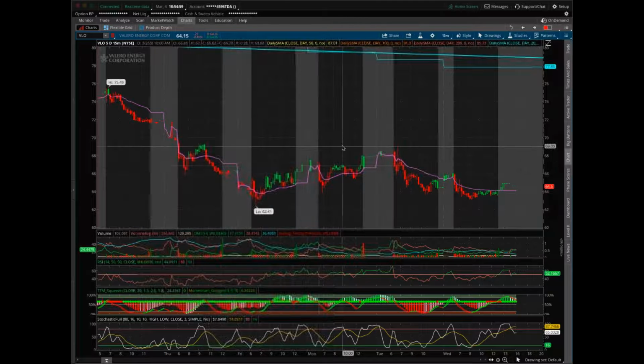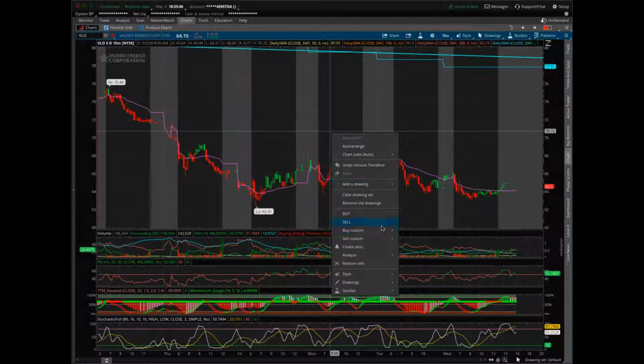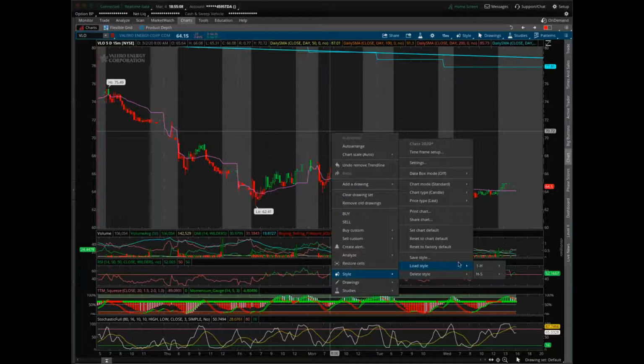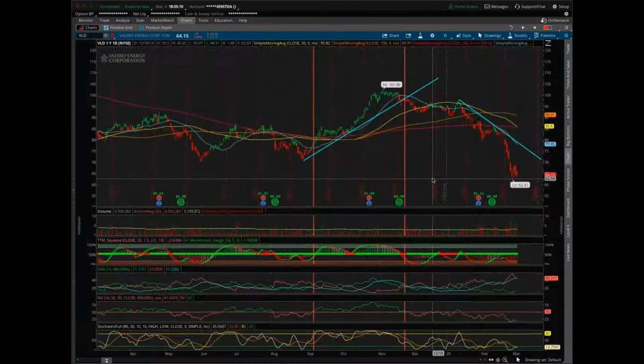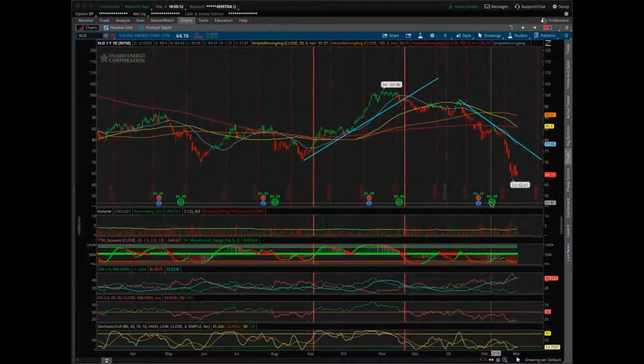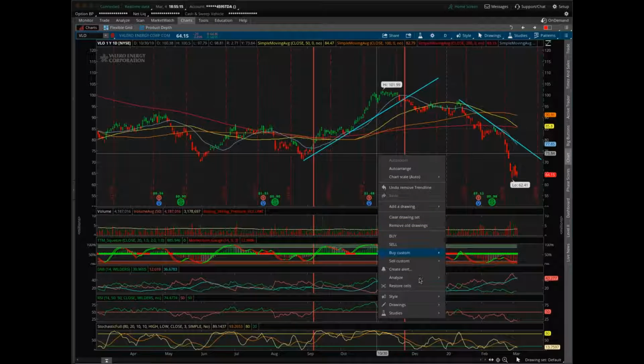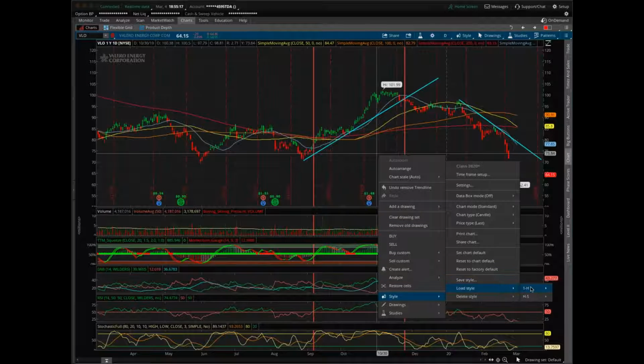All right, guys. So our charts are set up. We have our higher time frame charts, and then we have our lower time frame charts. So if we go to our class, we have our higher time frame charts set up, and then if we go to our intraday... I can't find my intraday.